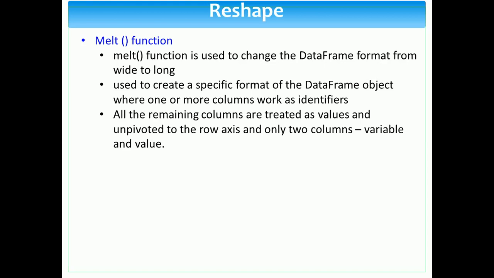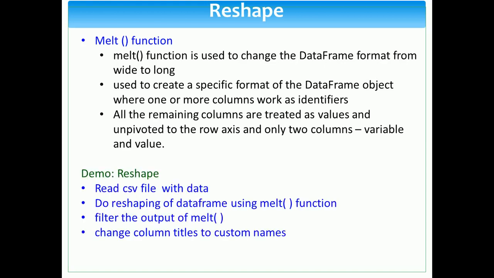Still I think it is a little confusing, or we may not understand it quickly, so we will try to see a demo. In the demo we will understand what we mean by only two columns, variable and value, and what is getting changed when we say the data format is changing. We'll read the CSV file with data, then reshape the data frame using the melt function, so we understand how melt works and how we achieve reshaping.